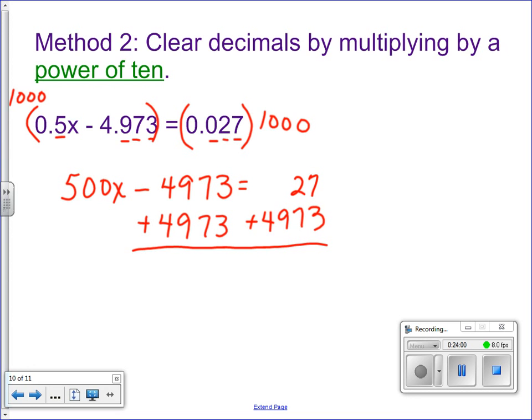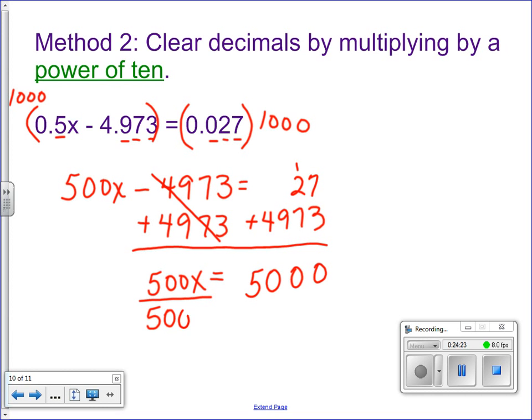All right, minus 4,973 plus 4,973 cancel out. So bringing down 500x on the left, and on the right-hand side, adding these, looks like I get 5,000. Oh, that makes my next step very easy. I'm going to undo the multiplication by dividing by 500.